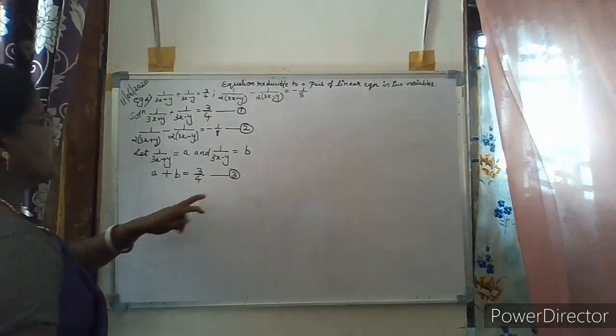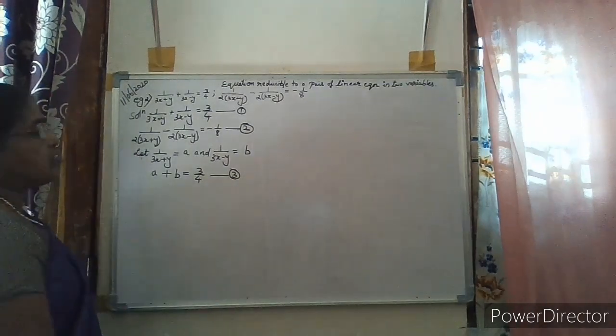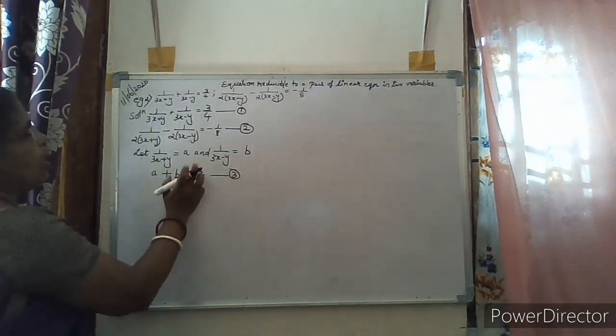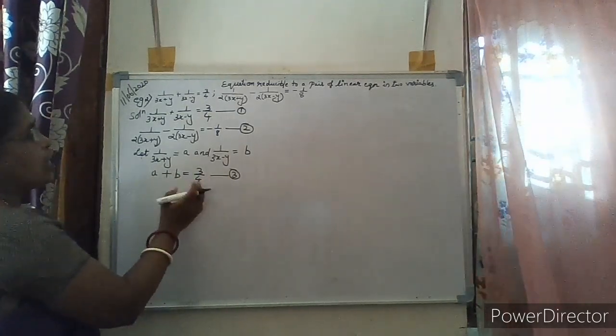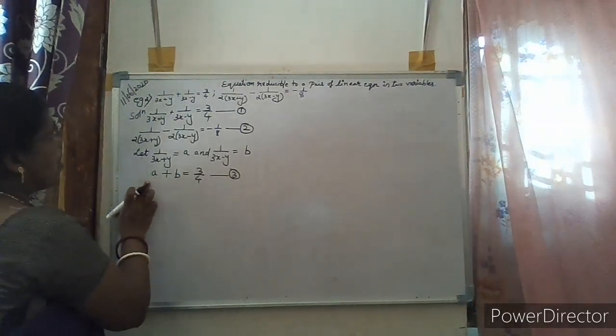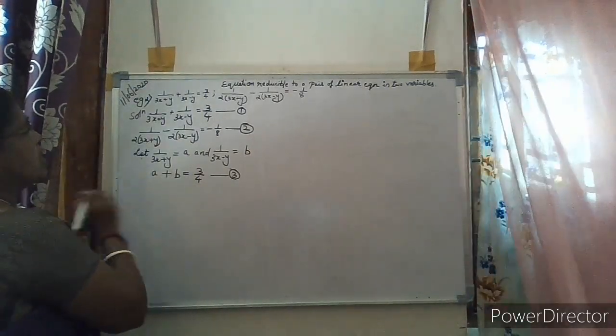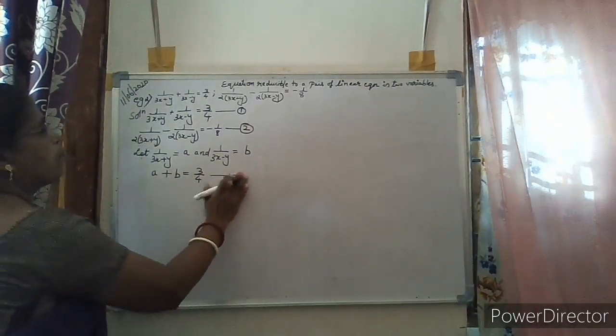This becomes equation 3. But we will not name it as 3 now because we have got the constant number as a rational number. So we will convert it into whole number by multiplying the equation by 4. Multiply the equation by 4.